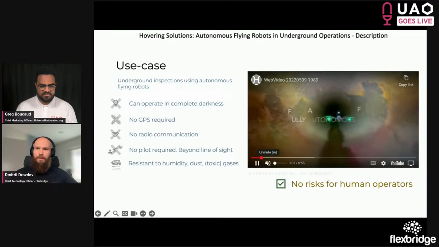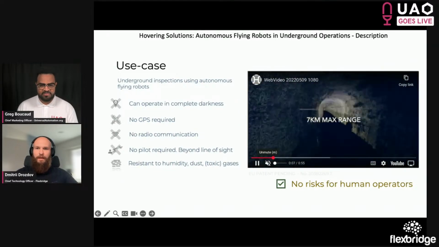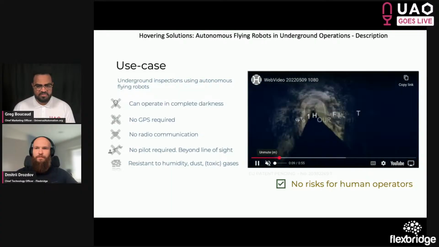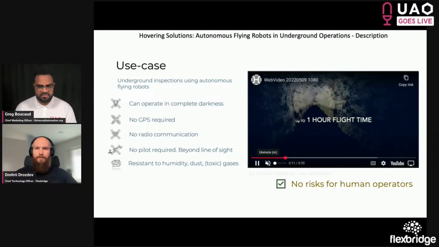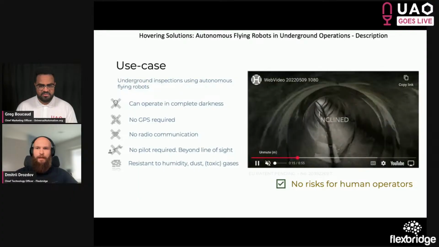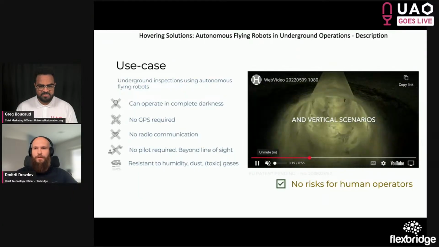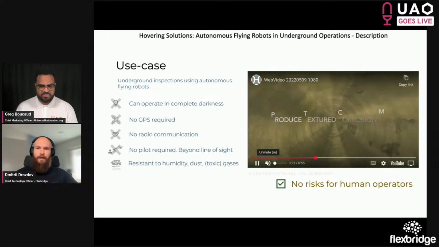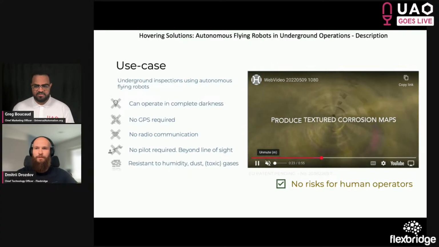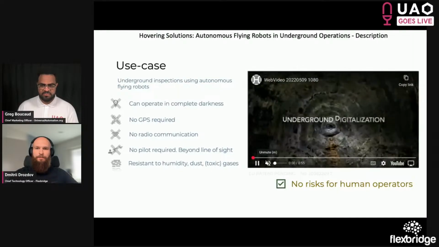These drones inspect underground infrastructures like mines and tunnels and assess their safety for human entry. The drones explore the tunnels on their own, create a map, and identify potential hazards. Afterwards, they return to the operator and upload all the gathered information for further analysis.